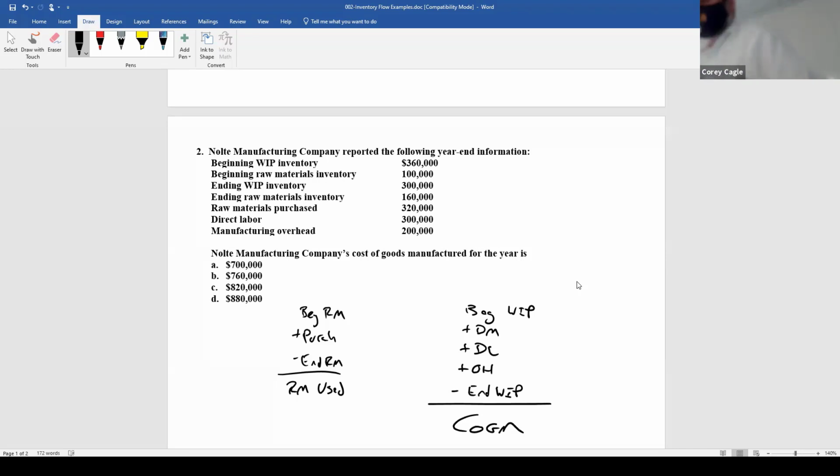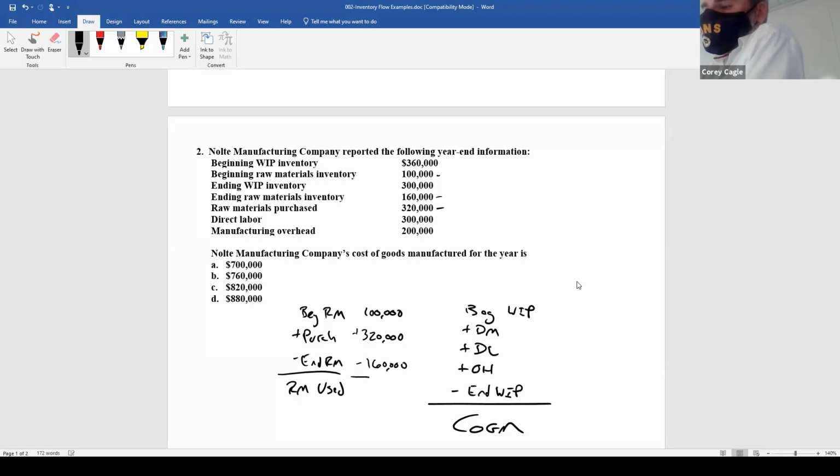And I go looking for those things. So beginning raw materials, 100,000. Raw materials purchased, 320. So I've got $420,000 of materials I can do something with or not do something with. I've still got 160,000 that I haven't done anything with yet.